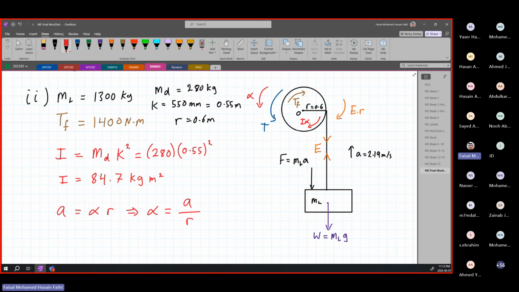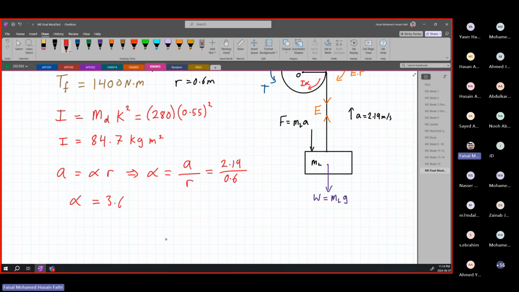So we can simply find our alpha, which is 2.19 divided by 0.6. So our alpha is going to be equal to 3.65 radians per second squared. So 3.65 radians per second squared. Remember, the unit for angular acceleration is radians per second squared.